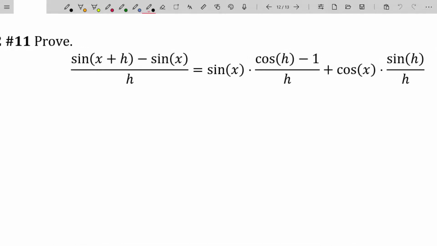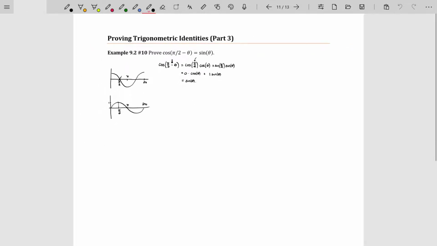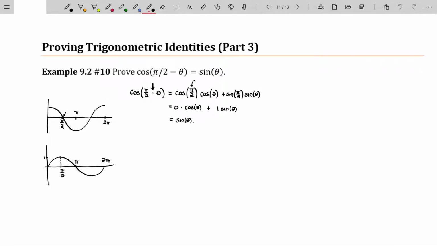Often with proofs, and by the way, I didn't mention it when we started, this is part 3 of proving trig identities. Every time we get a new piece of trig technology or theory, we do yet another part in proving trig identities.